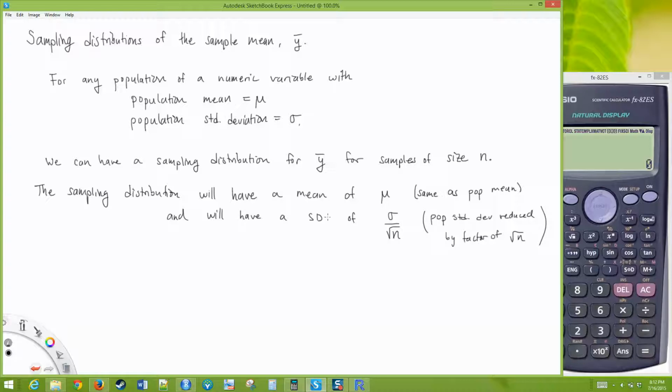Okay, and the shape of the sampling distribution will be normal, okay, as long as n is big enough.